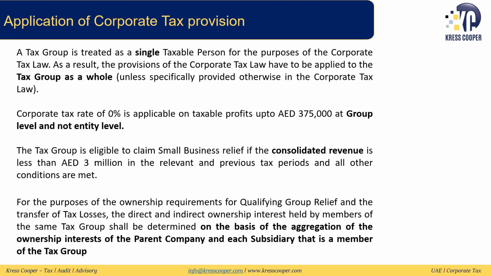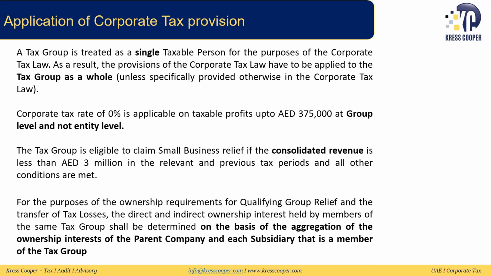So now we know that if the taxable profit is up to 375,000, the corporate tax rate of 0% is applicable, and anything above 375,000 is taxed at 9%. Where we were looking at this individually for the companies, now when the tax group is formed, we will be looking at the group level and not the entity level.